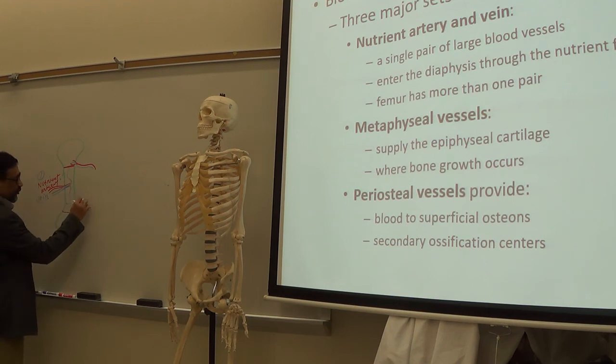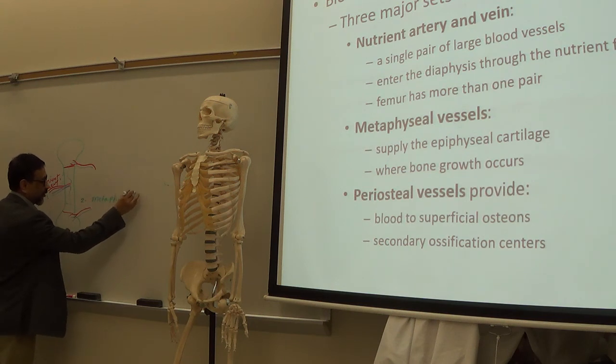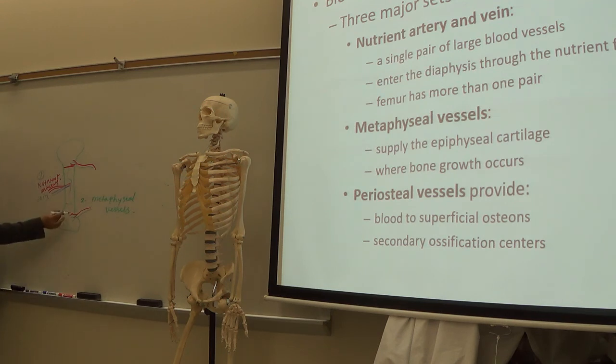So this is number 2, metaphyseal vessels. Okay, enters into the bone through the area where the epiphyseal plate is at both ends. Okay. So they supply blood mainly to the ends of the long bone. Makes sense.